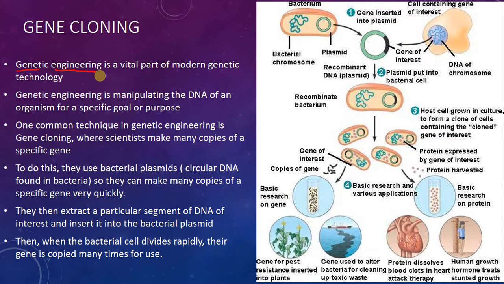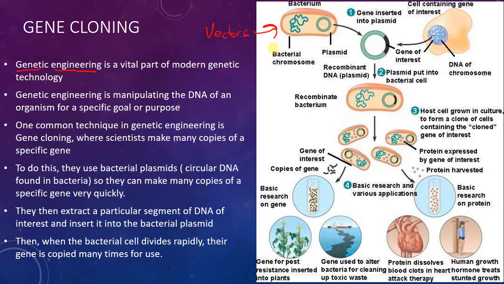To do this, we need something that can reproduce really quickly, so that we can get a lot of copies of that specific gene. And that's why we use bacteria as what we call vectors. They carry the gene that we're interested in, and they reproduce many times to hopefully give us many copies of that gene.